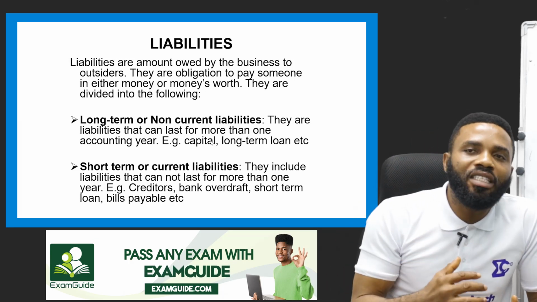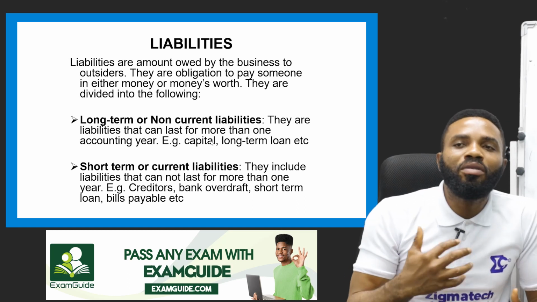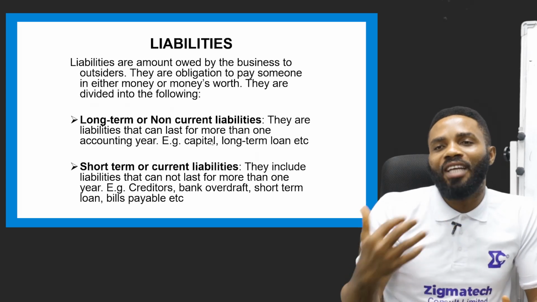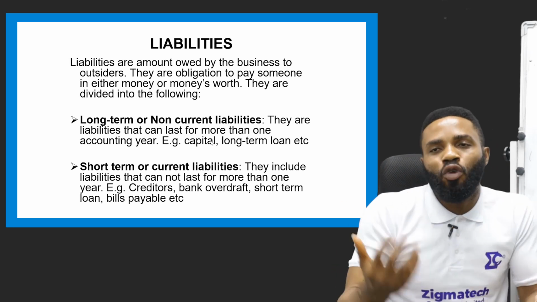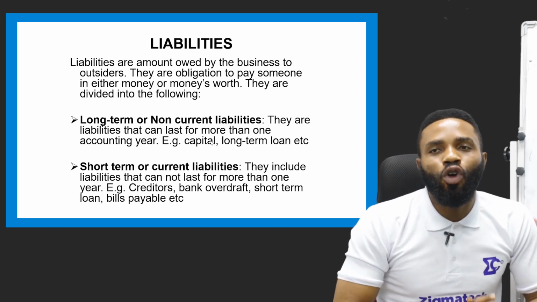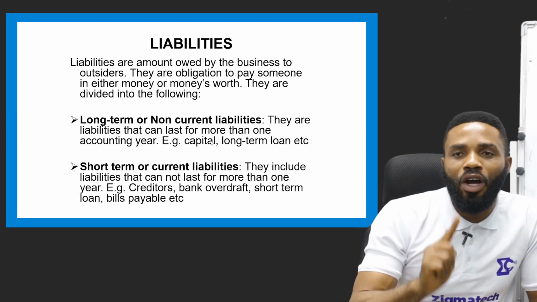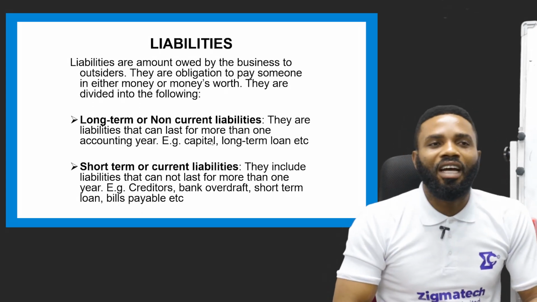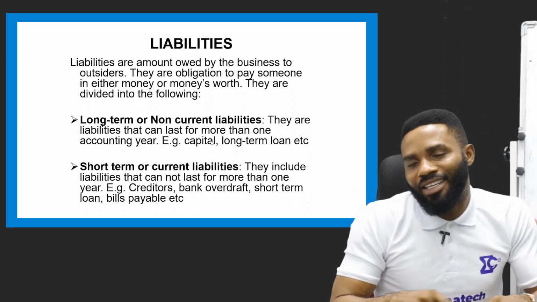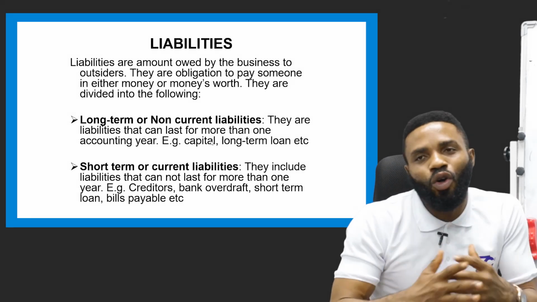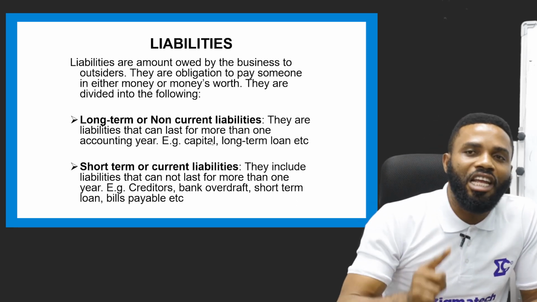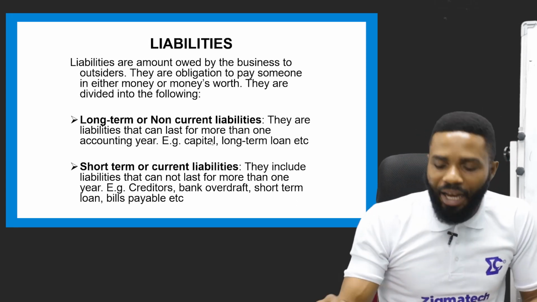But if that loan is something you are expected to pay within a very long time, you have more than 1 year to pay, it is called long-term or non-current liability. And the very first one you always see is capital. Nobody can invest money into a business and expect that money to be recovered instantaneously. It may take maybe 1 year or 2 years or thereabout before you can recover it. That is why capital is always a long-term or non-current liability.